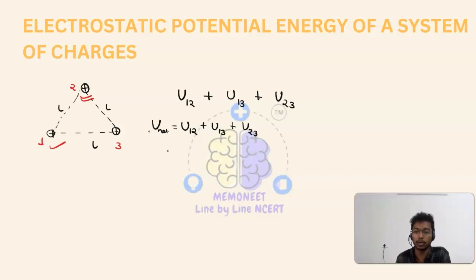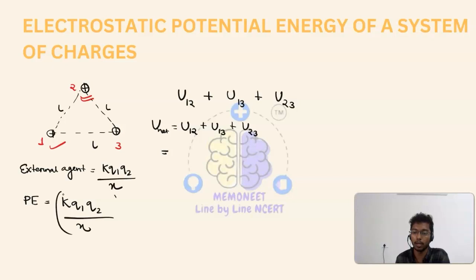So for 1, 2, what will we write? The potential energy for the external agent is K Q1 Q2 upon X. And for the conservative force, electrostatics work done, the potential energy will be equal to K Q1 Q2 upon X, that will be in negative.